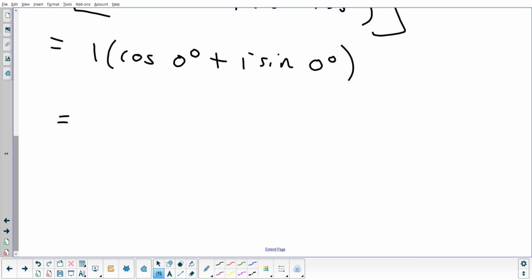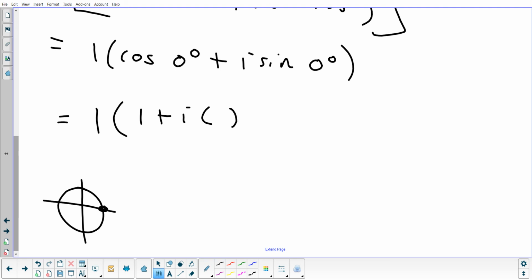And then in standard form, what's the cosine of 0? 1. Plus, what's the sine of 0? 0. So again, the imaginary part wipes itself out. It doesn't always happen, but it did this time.